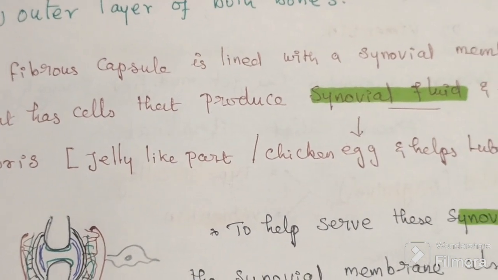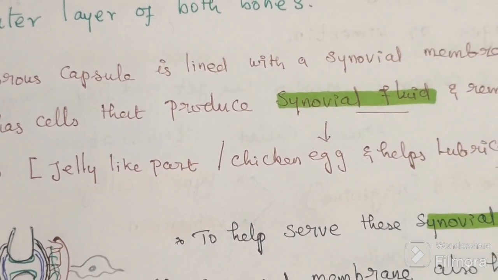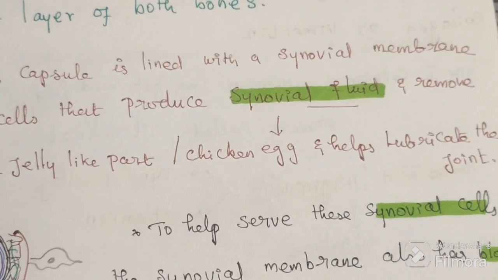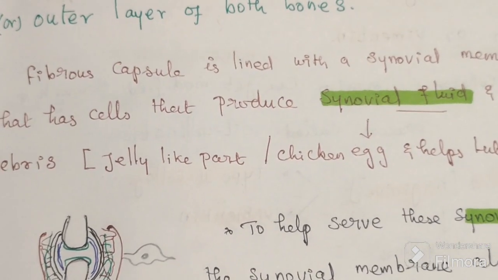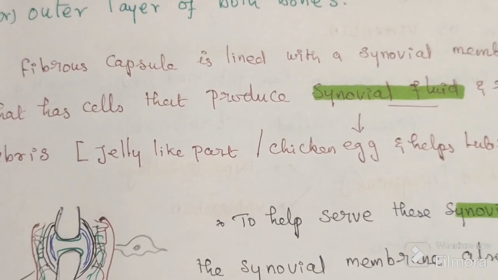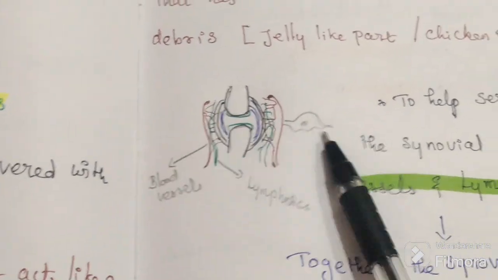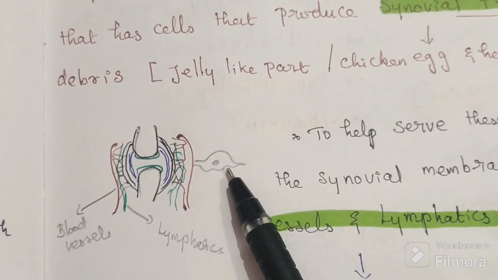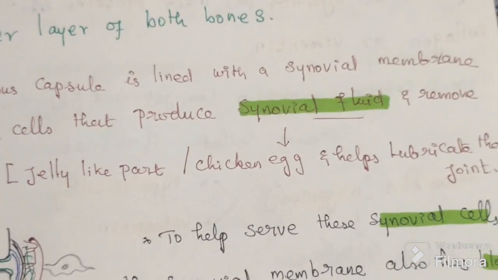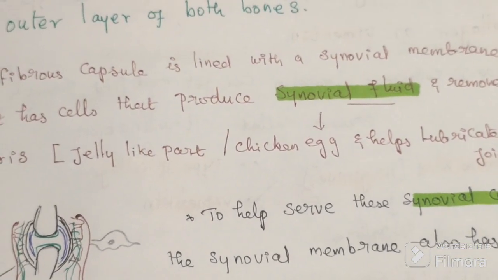The fibrous capsule is lined with a synovial membrane that has cells that produce synovial fluid and remove debris.